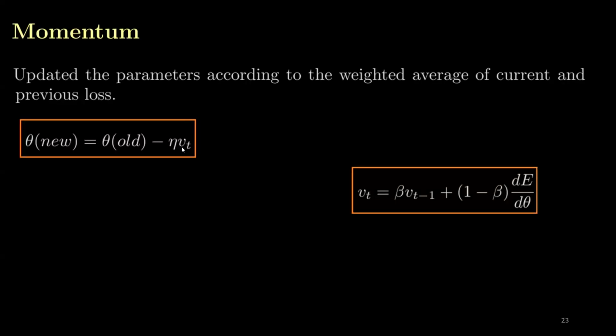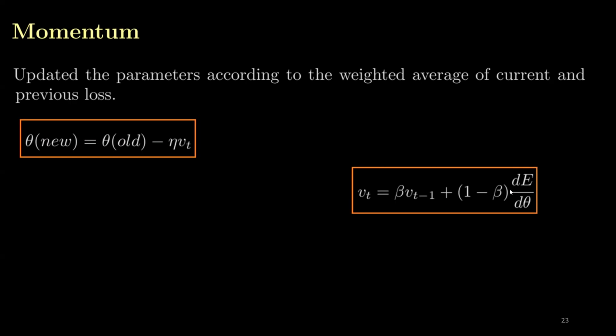Now, what is Vt? Vt is the current weighted average value. If you remember, at the start of this section, we learned gradient descent and we updated the weight by only multiplying the gradient with the learning rate. But now we are not multiplying only the gradient with the learning rate, but the whole Vt term.